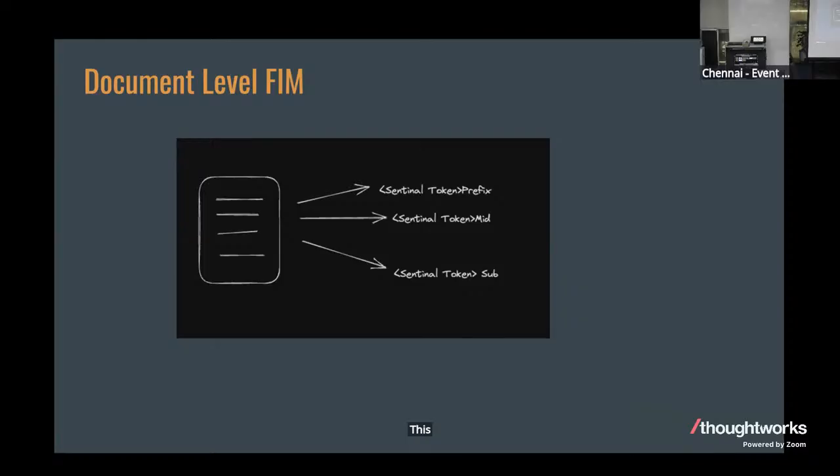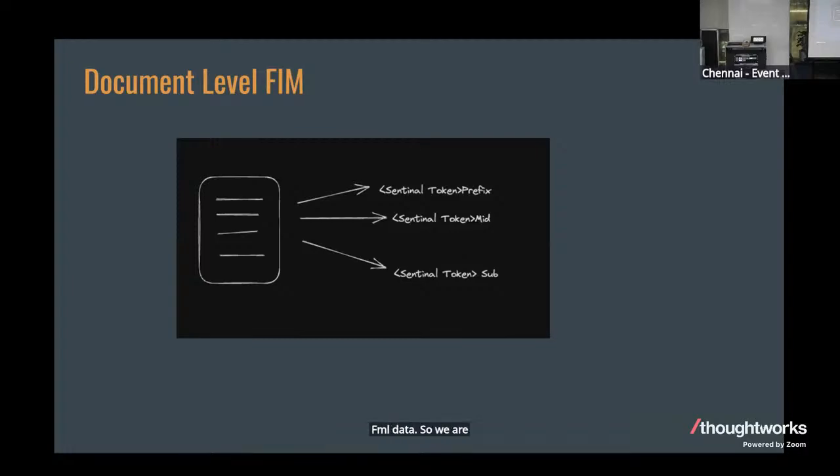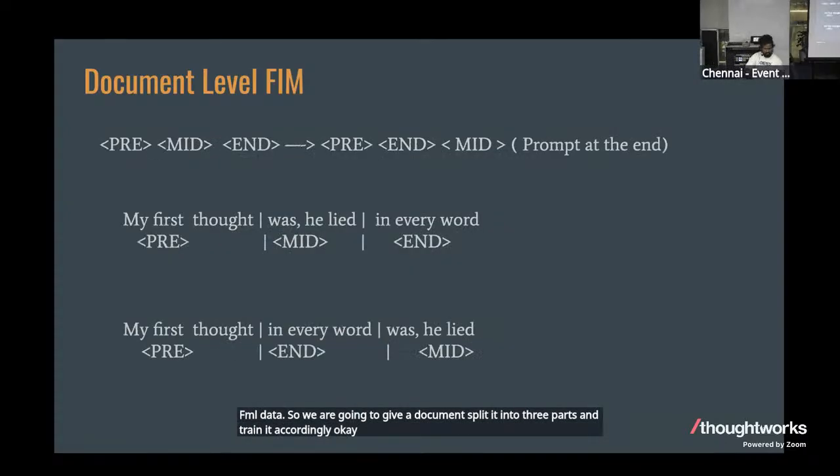We are going to prepare training data. We have a general purpose model like Gemma or Llama, and we are going to train it on this kind of FMI data. We give it a document, split it into three parts, and train it accordingly. So, prefix, middle, end becomes prefix, end, middle.